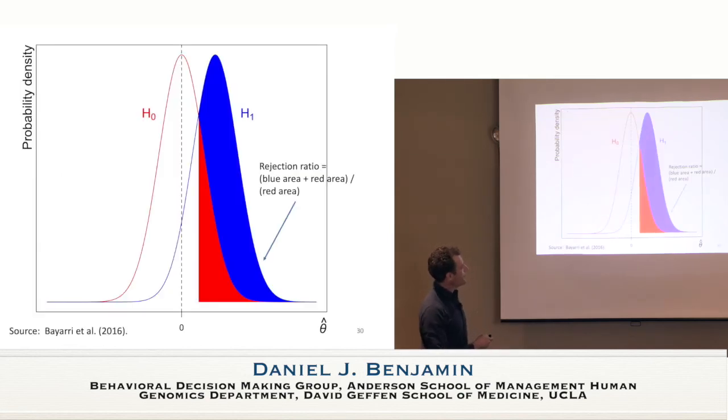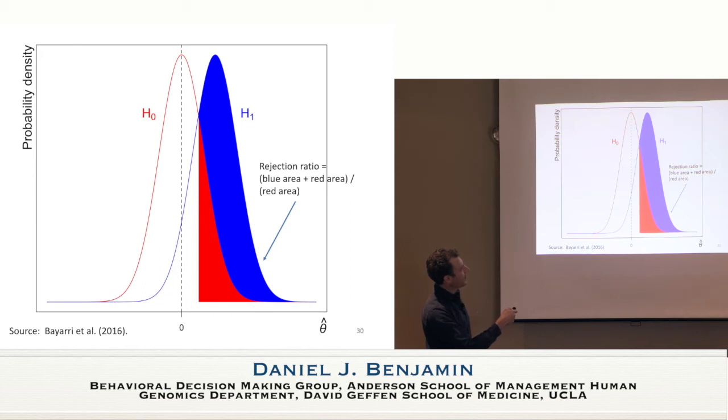Here's a picture. The x-axis here is the effect estimate, or the effect size. The estimate is expected to be distributed according to this red curve, the null hypothesis, if there's no effect.